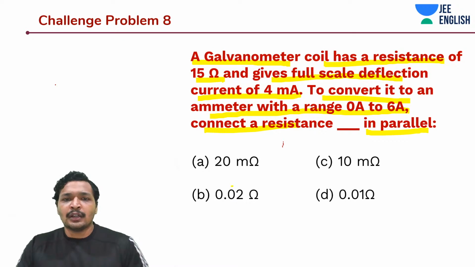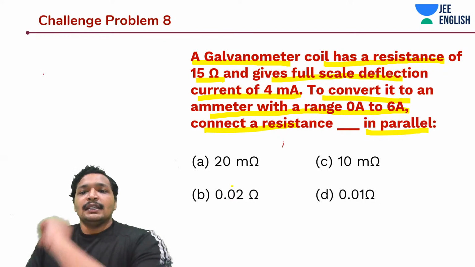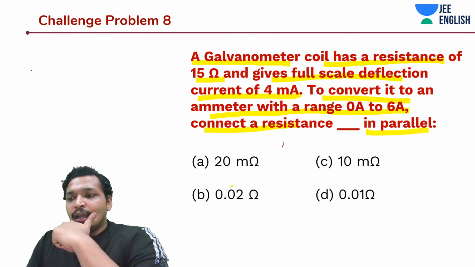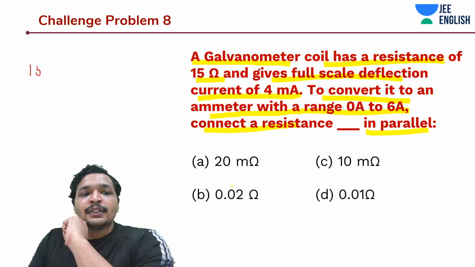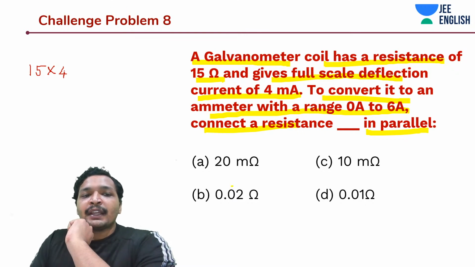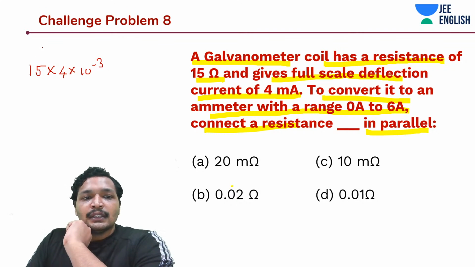Notice your points. See, the galvanometer is 15 ohms, and more than 4 milliampere can never flow through it. So this is G into Ig.